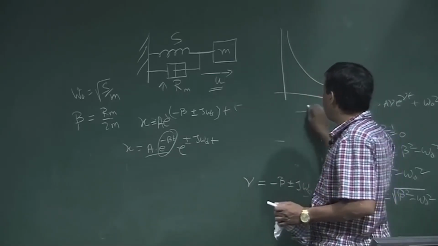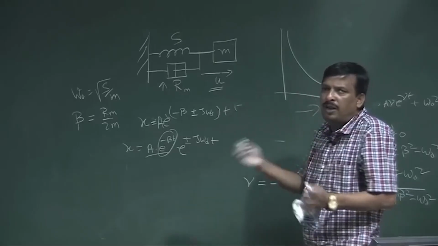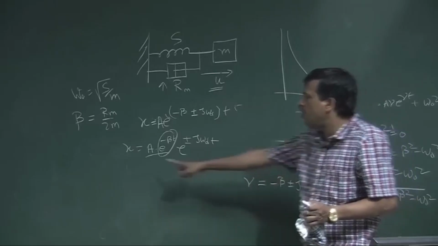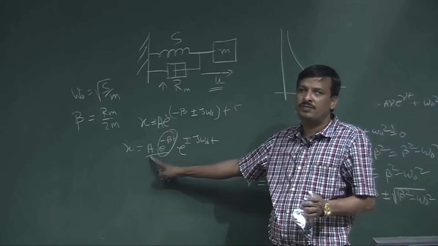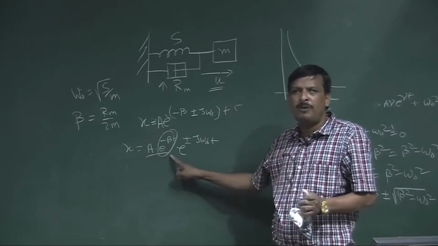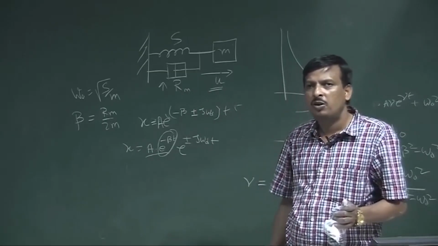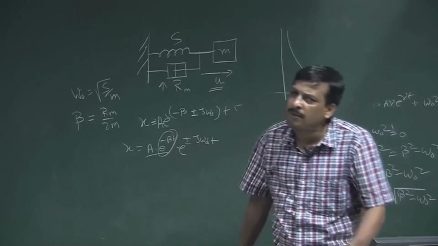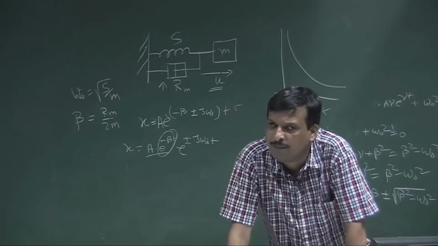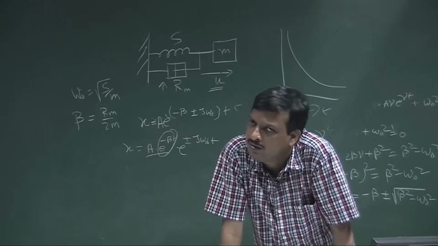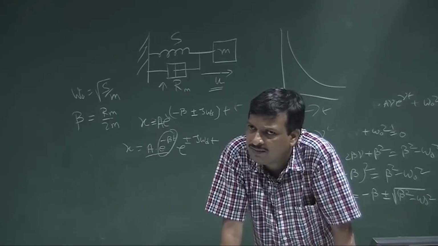So, if this is t, depending on the beta value, it will be gradually damping down. So, the amplitude will be reduced over time. The amplitude is not constant, that is why it is called damped oscillation. So, beta is nothing but a damping factor. Depending on the beta, it will depend on how quickly the amplitude will die down.